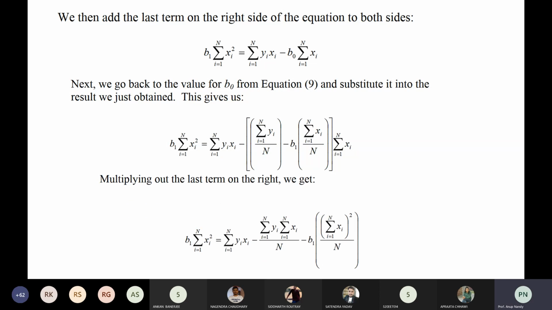So multiplying out the last term on the right, what you are going to get is b1 times the sum of xi square equals the sum of yi xi minus 1 by n times the sum of yi times the sum of xi, plus b1 times 1 by n times the sum of xi squared.